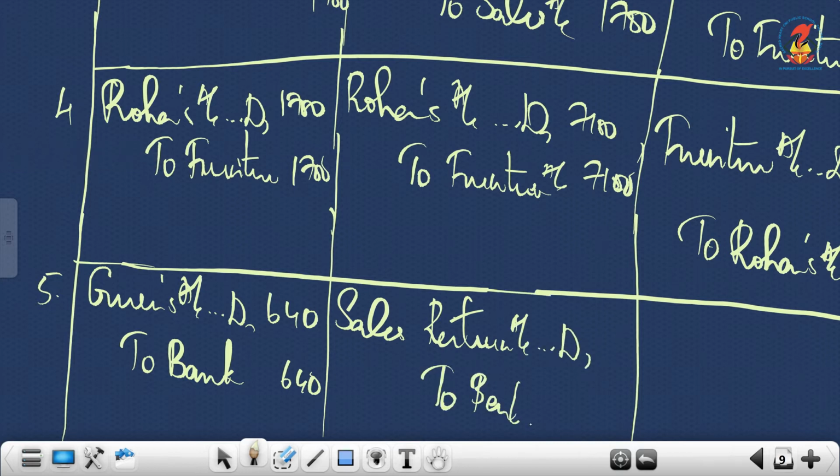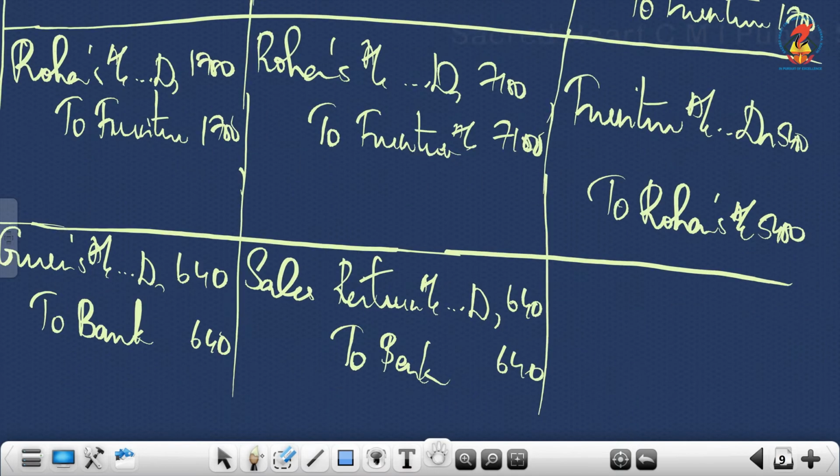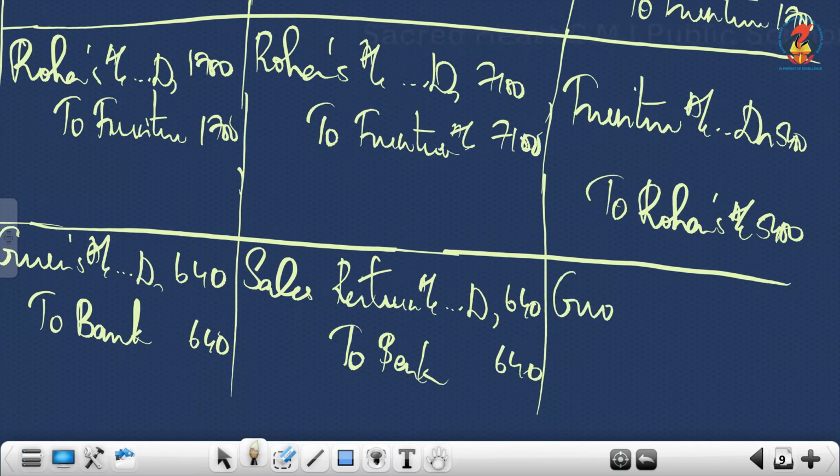The amount was same, 640. How will you do the rectification? Guru to be debited. Did we debit him? No. So we will debit him now. Guru's account debtor 640. Then bank to be credited, that we have done correctly, no mistake.